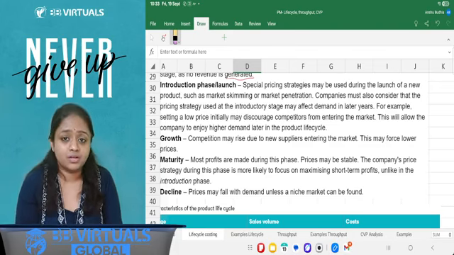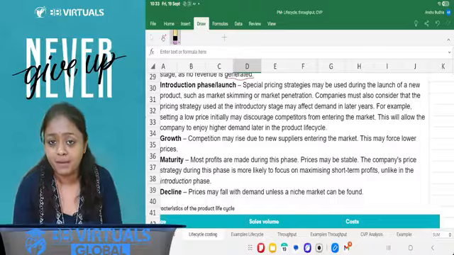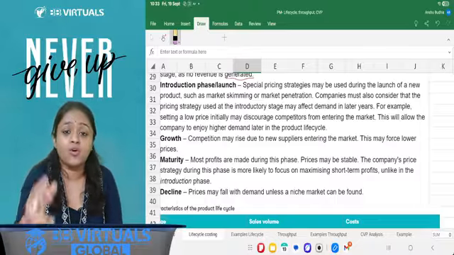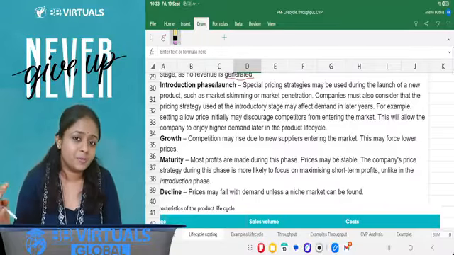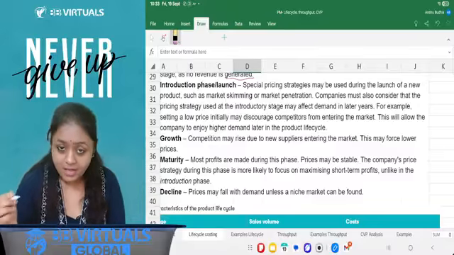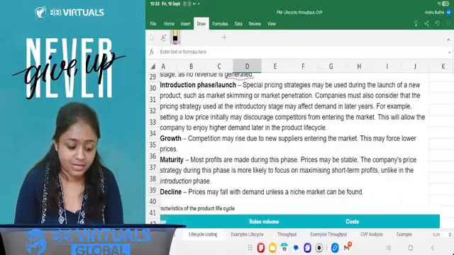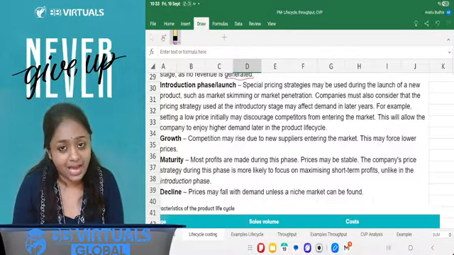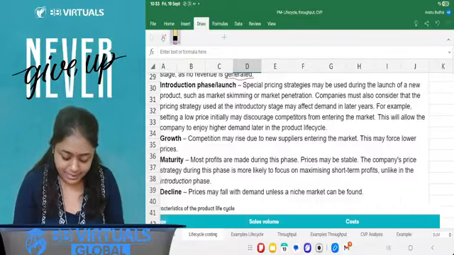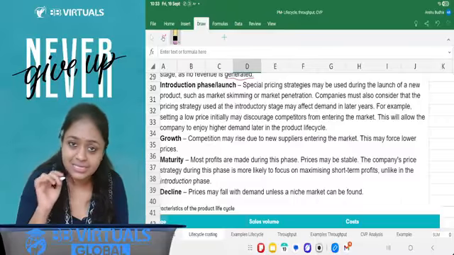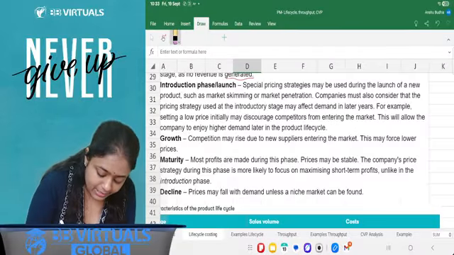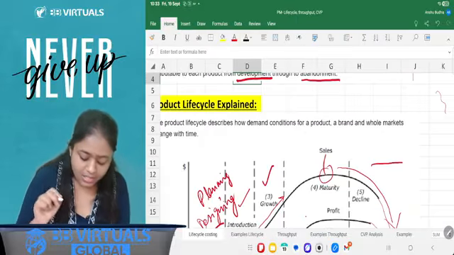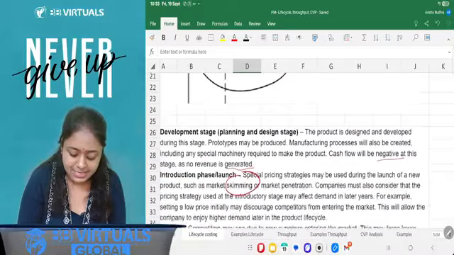There are some products where the more expensive they become, the more the demand, like gold, diamonds, jewelry. Like the iPhone, with every launch the price becomes higher. I hope I'm clear. So what is that pricing strategy called? We call it market skimming.